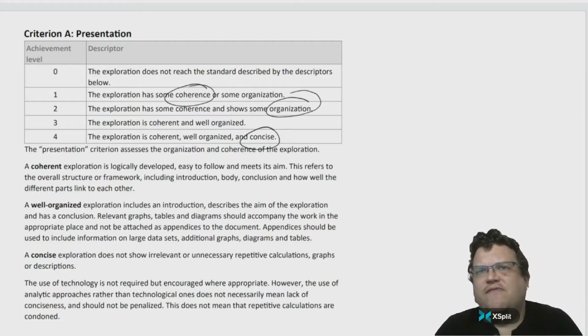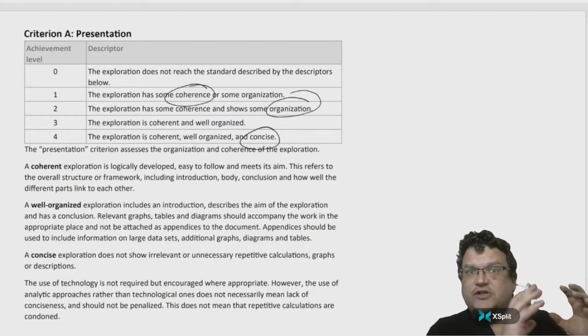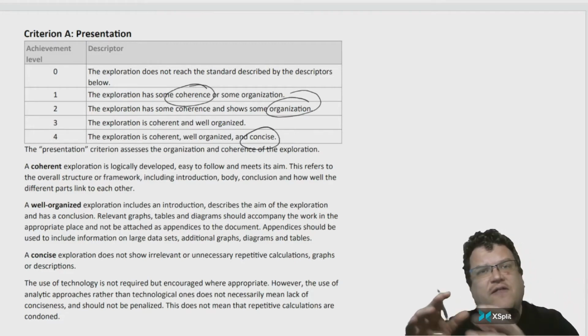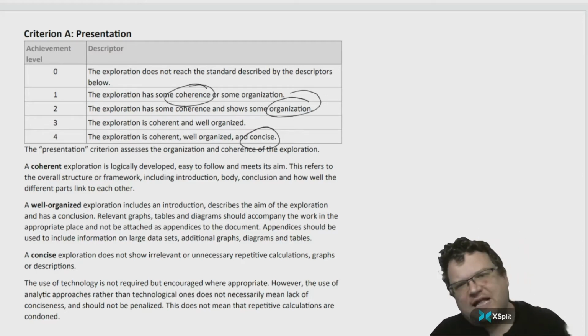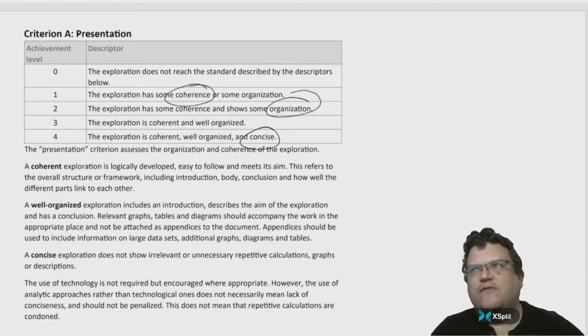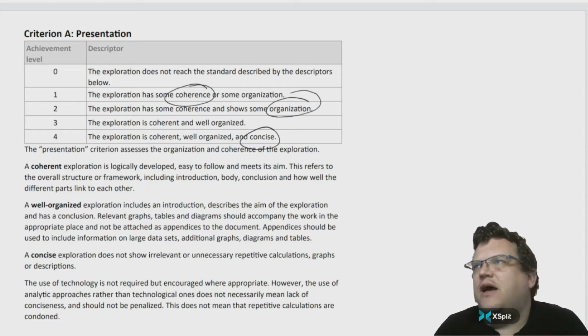You shouldn't have, you know, the rationale right at the end of page 7. It should be aim, rationale in the introduction at the beginning, main body of the essay, and then a conclusion that relates back to them. It's that coherence. As I said last time, get a peer to read this through. If it scans properly, even if they can't understand the maths, if it scans properly and they can read it, then you know you've got a clear and coherent IA.